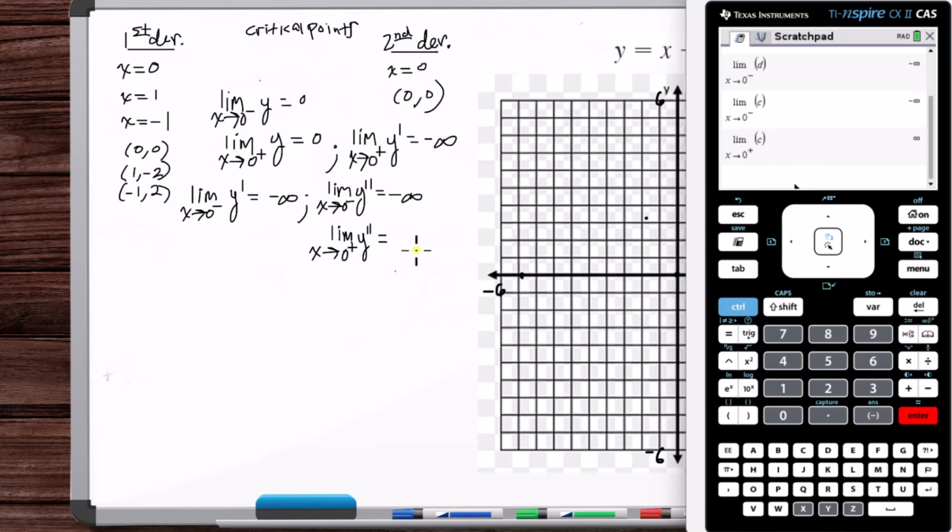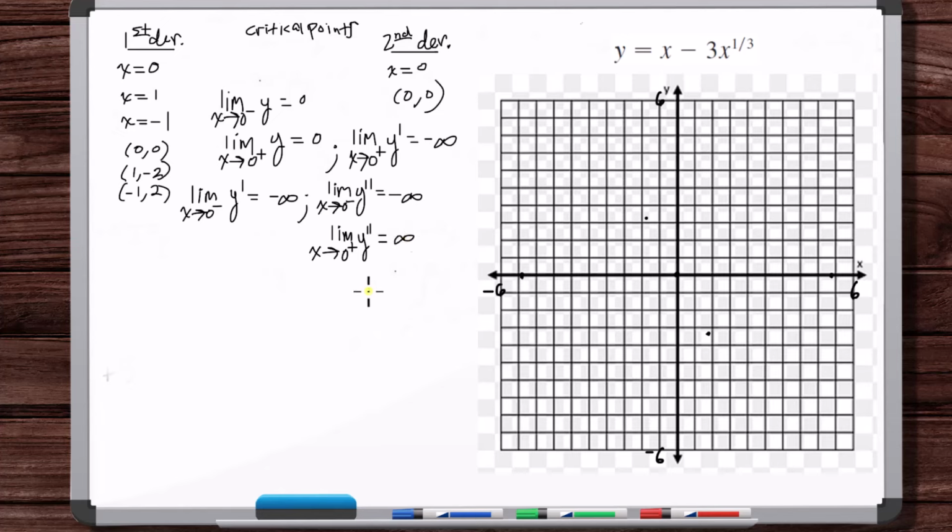Positive infinity. Okay, so this is useful information when it comes to this critical point that's associated with the first and second derivative not existing. Okay, let's get increasing, decreasing intervals and intervals of concavity.